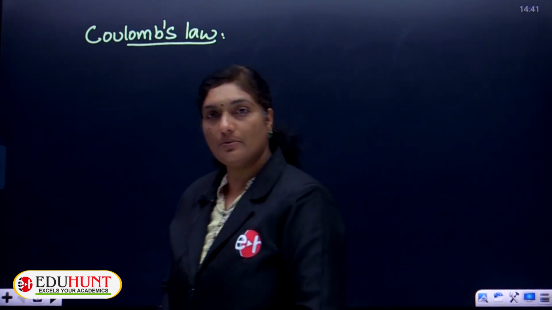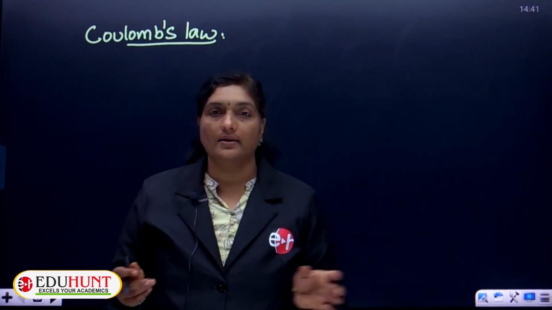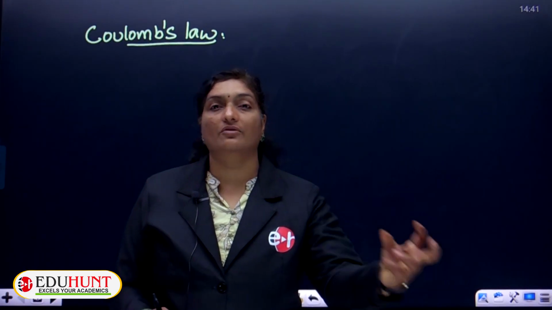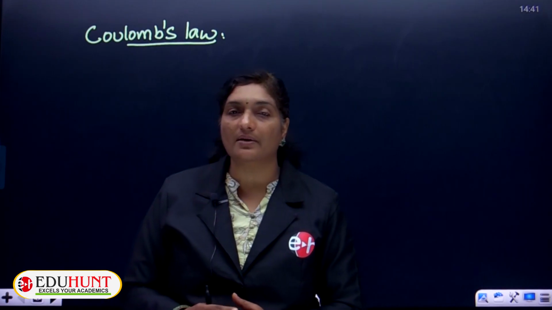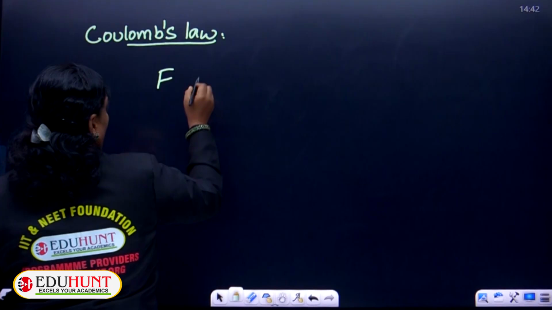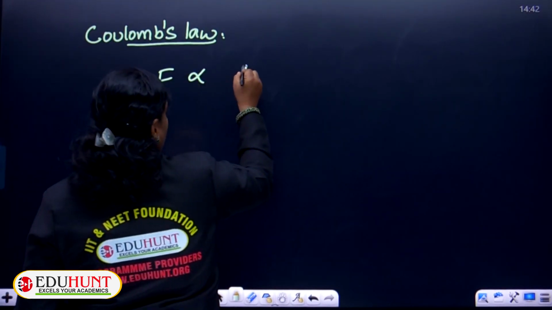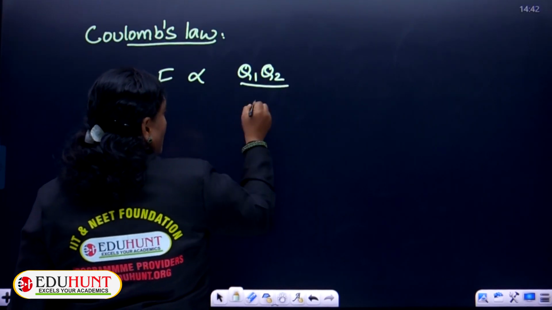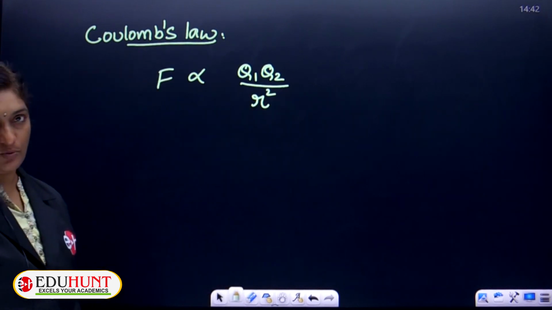According to Coulomb's law, if two charges, say Q1 and Q2, are separated by a distance r, then the force of attraction or repulsion between the two charges is directly proportional to the product of the two charges and inversely proportional to the square of the distance between them.